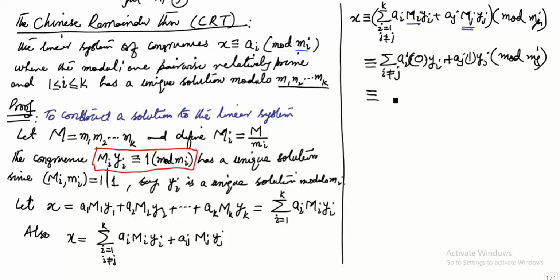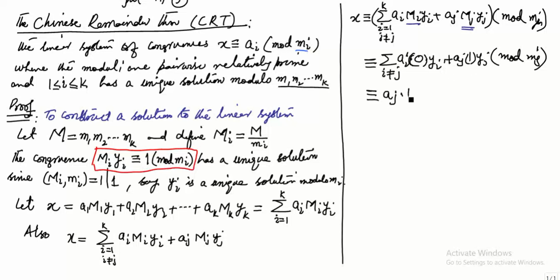We only have aj times, and we know that the congruence Mj yj is congruent to 1 modulo mj, so we will also have 1 here.